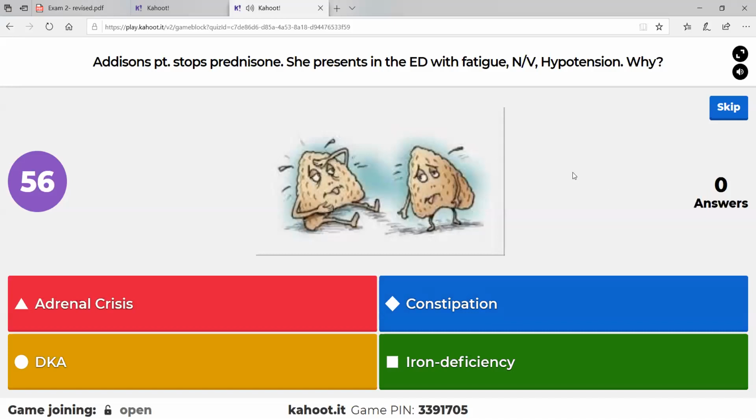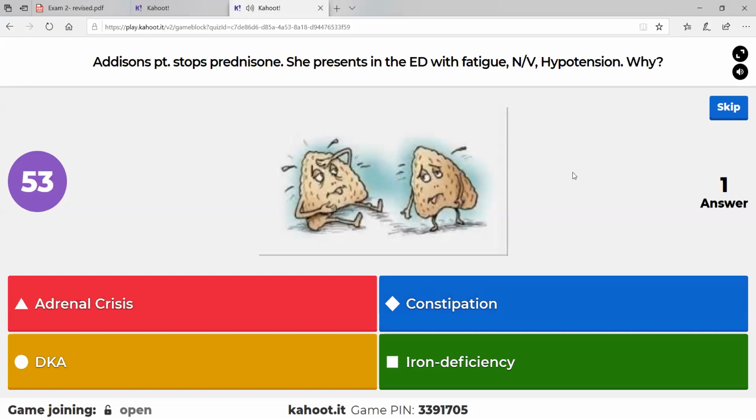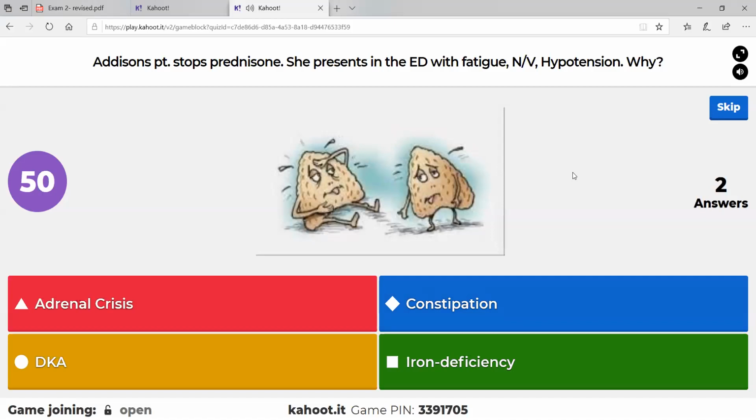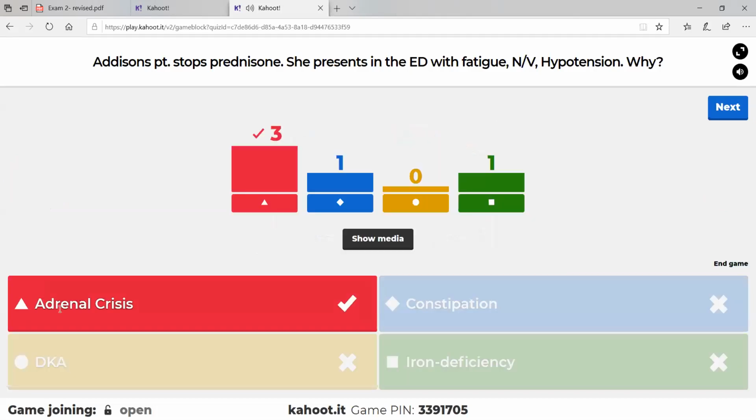Why? Yes, this is adrenal crisis because they stopped the prednisone.